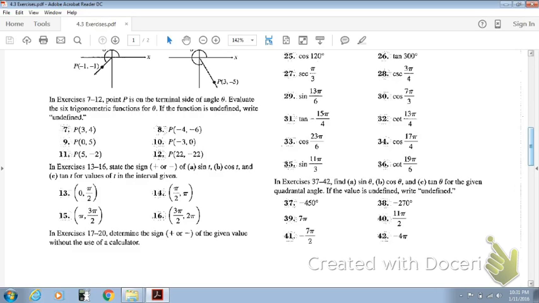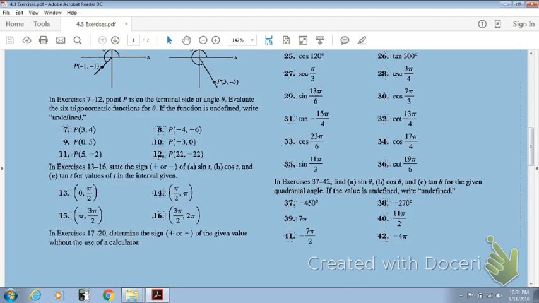13 and 15, it says state whether the sine, cosine, or tangent is positive or negative for the interval given. So for 13, that's 0 to pi over 2. Well, that means 0 to 90 degrees, which is the first quadrant.